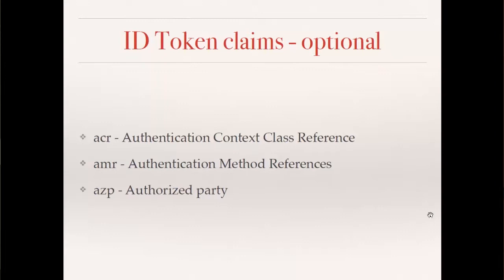It may not be the intended audience, but it's the one that posts the authentication request, the authorization request. It's the party that's allowed to present the token, which in many cases is the one that requested it. But for the NAPS native application spec, where you're going through a token agent, the authorized party is the client to the token agent, which is going to be presenting the token. So it's part of on-behalf-of type semantics.